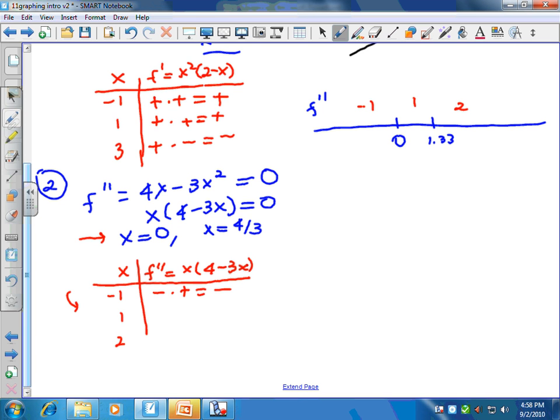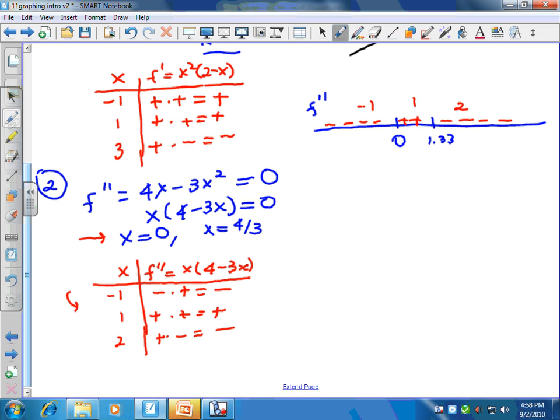The end result is negative. So I'm getting the following signs: negative in this region, positive in this region, and negative in the outside region.